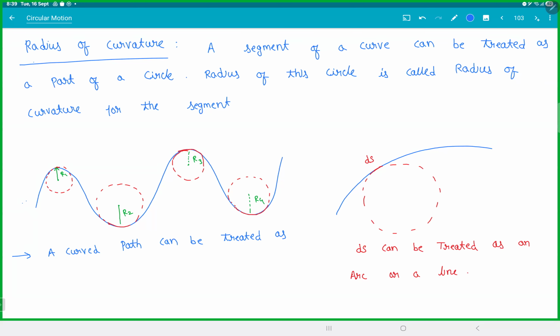Okay. So a curved path can be treated as an assembly of small arcs or small lines. Both are acceptable as long as the radius is small.